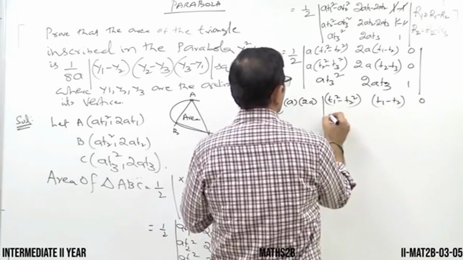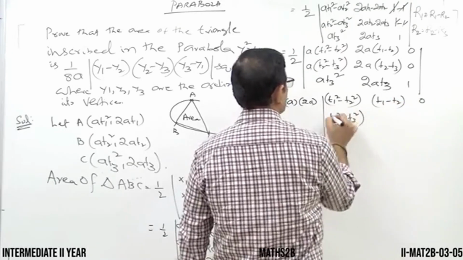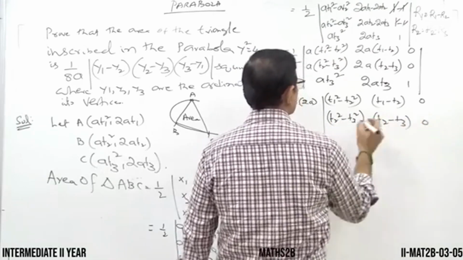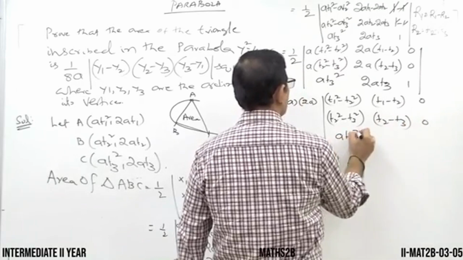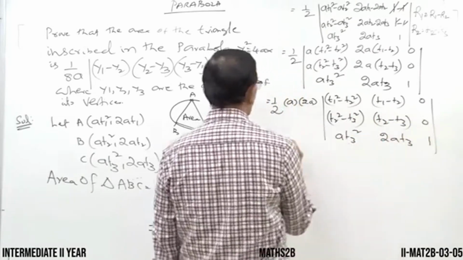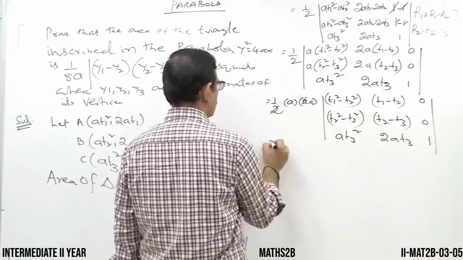Similarly, t2 square minus t3 square, t2 minus t3, and next at3 square, 2at3, and 1. Now we can cancel this 2 and 2. What is left? a square.